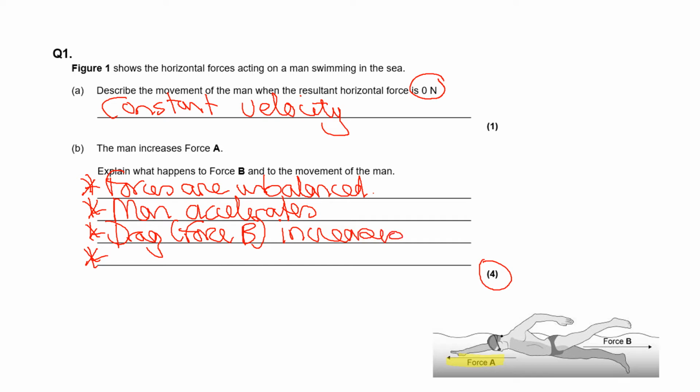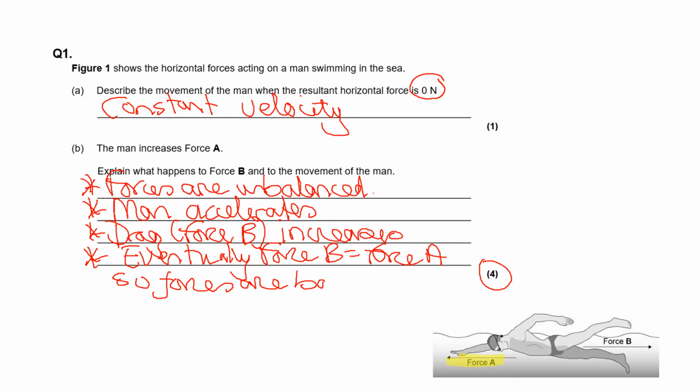Now, as it increases, eventually force A will equal force B, and at that point, we've got balanced forces again. And of course, at this point, this means we've now got constant velocity again.